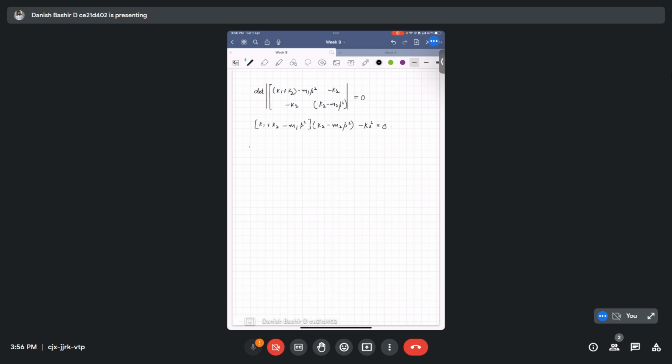Finally, it is m1 m2 p power 4, plus m1 k2 plus k1 plus k2 times m2, times p square, plus k1 k2, equal to 0. This is the equation. It is quadratic in p square.